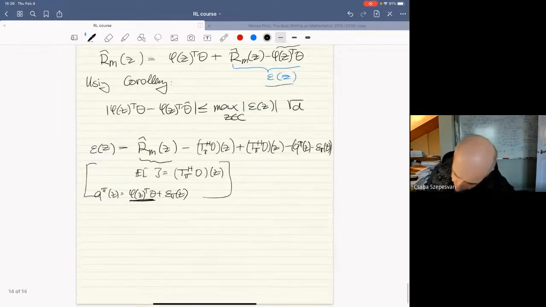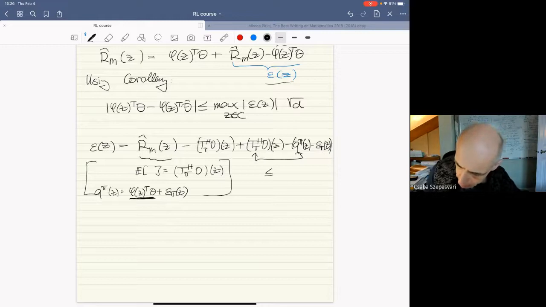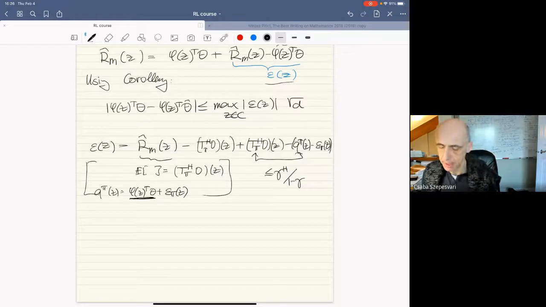So these two, if you compare them in absolute value, their difference is smaller than gamma to the power of h over 1 minus gamma. Okay, so that's the truncation error.